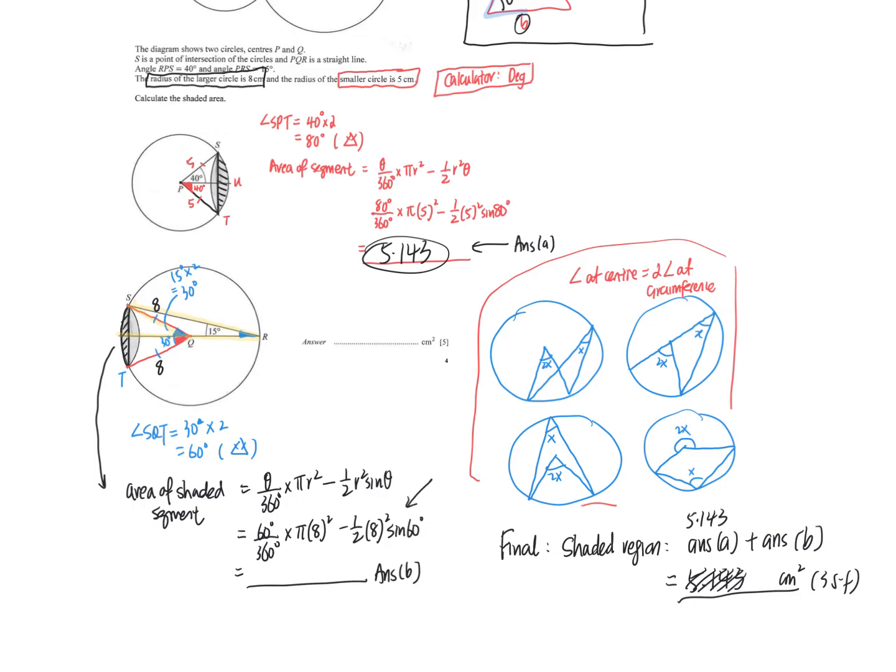Find this. Calculate for me. 60 over 360 is a sixth. So it's a sixth times pi times 8 squared, minus half times 8 squared.